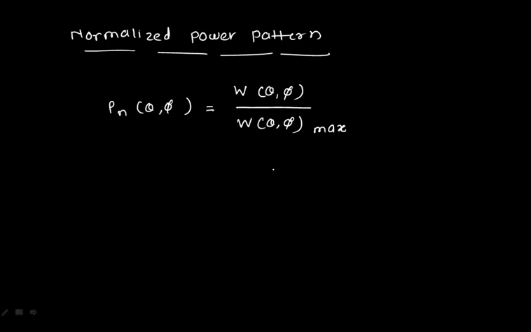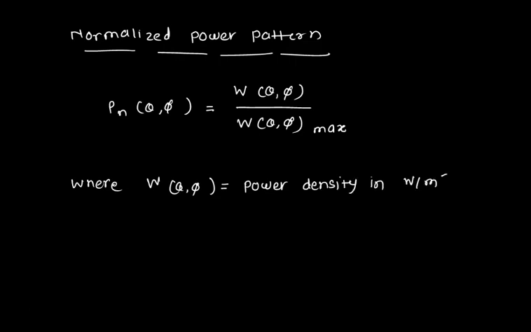We have already seen what the power density is in the previous session. This power density as a function of theta and phi, and the unit is watts per meter square. According to Poynting theorem or Poynting vector, we have seen it is represented as E square by neta.